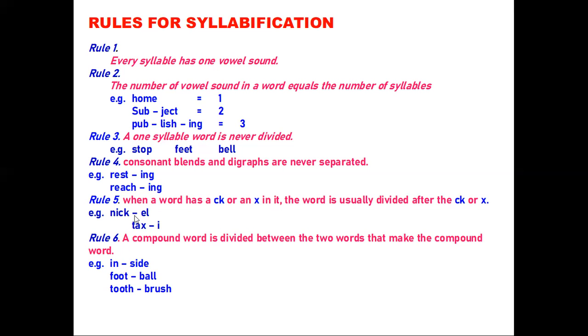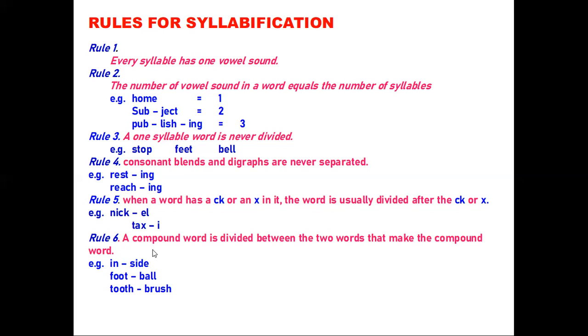We can separate the word after the CK or X. So here nickel, we can divide NICK, then after that EL. Then taxi, TAX, after X we can divide I. So like this.